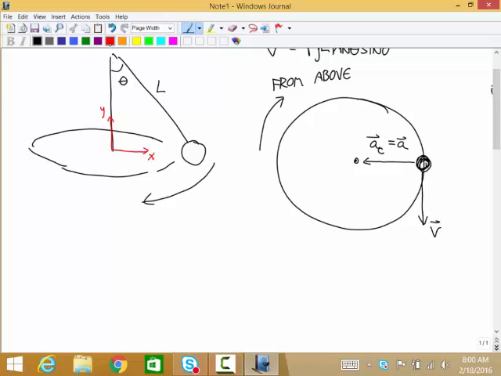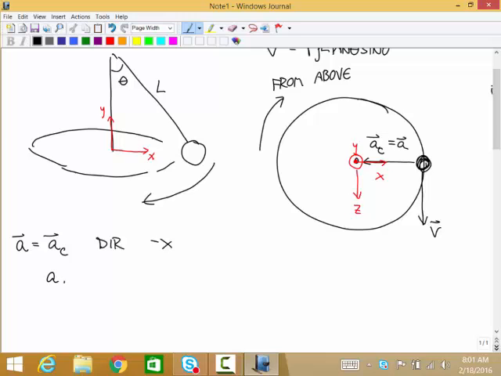With this coordinate system that I drew here, our x-axis goes this way, our y-axis comes out towards us, and then our z-axis would have to go this way. So if the centripetal acceleration is going toward the center, then the direction is in the negative x.